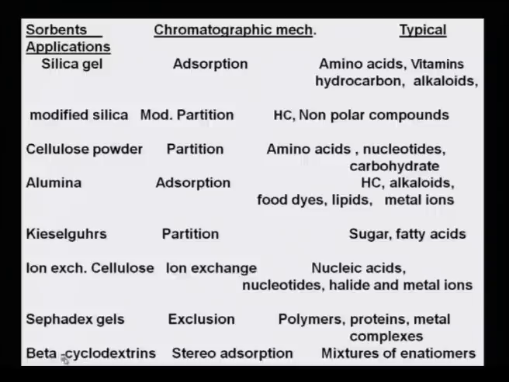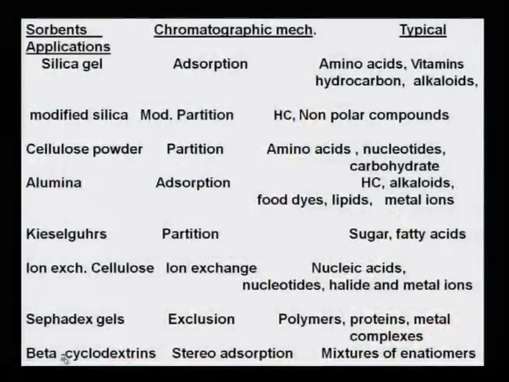This is a very important slide where I have tried to incorporate a lot of information, and you will see what the different applications are, that means the different sorbents that can be used.